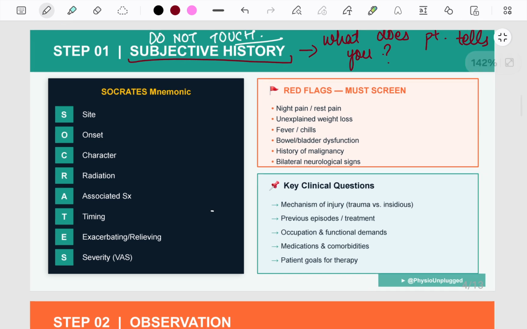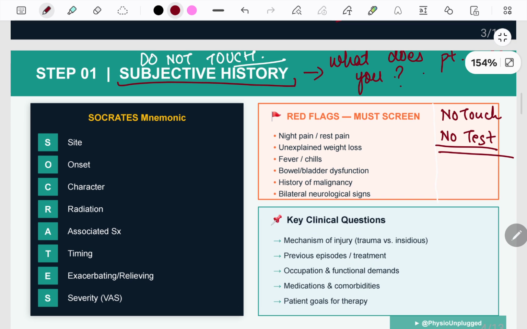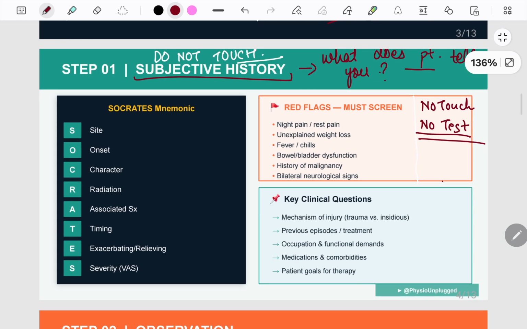So let me just write it here, no touch yet, no test yet. We just gather information. This is all about gathering information, as I have written here, that what does the patient tell you.